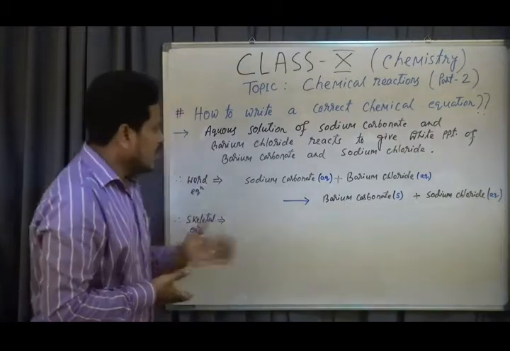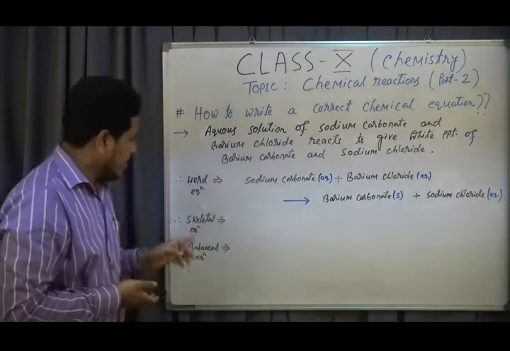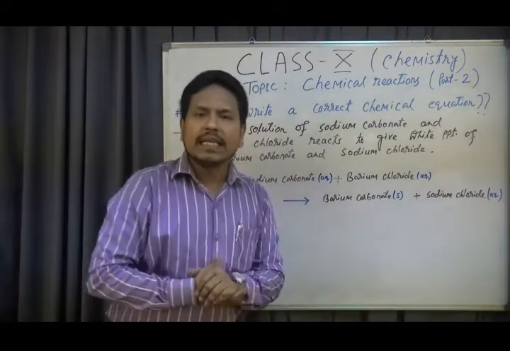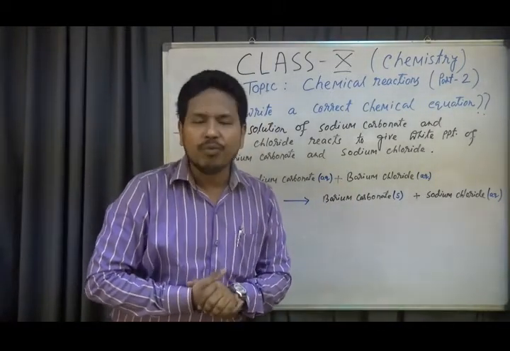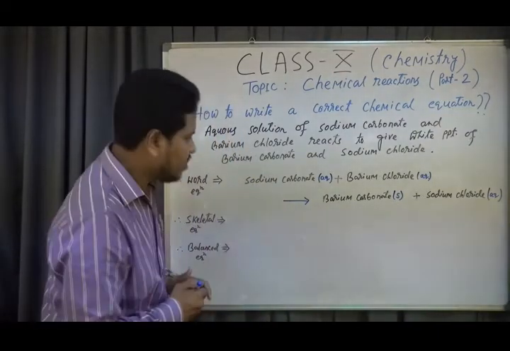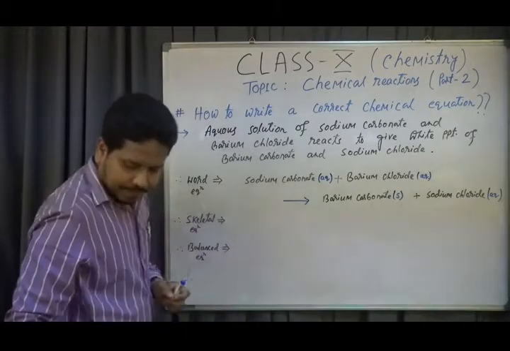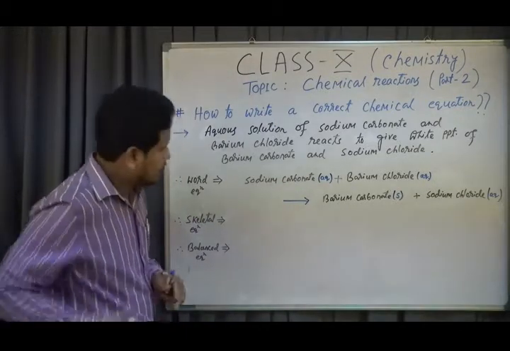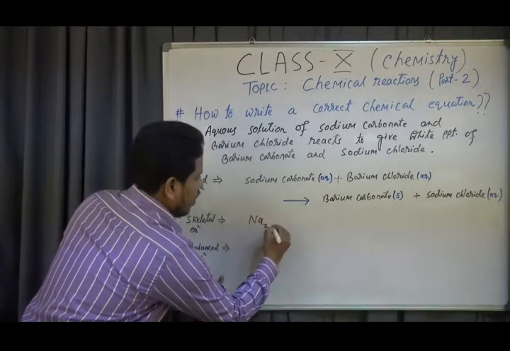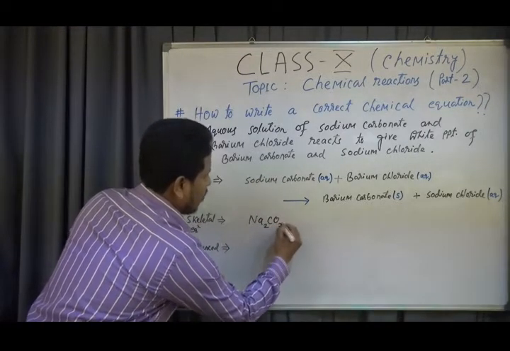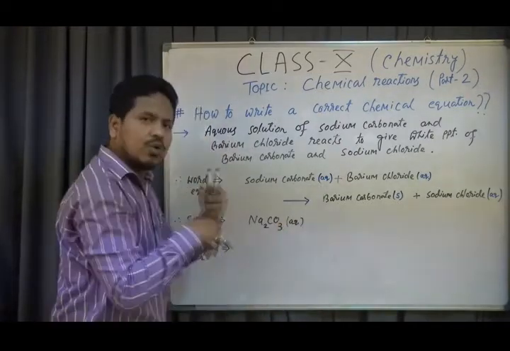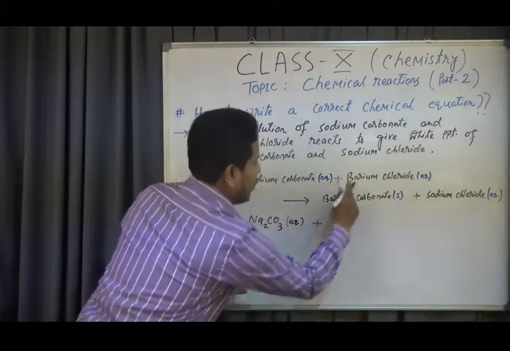Okay. So after this word equation, now we are going to write the skeleton equation, that is the reactants and products to be written in terms of their formulas, molecules. Look at this. Sodium carbonate, you know from class 9 onwards that the formula of sodium carbonate is Na2CO3. Sodium carbonate, this is an aqueous solution, means water soluble solution, plus barium chloride.